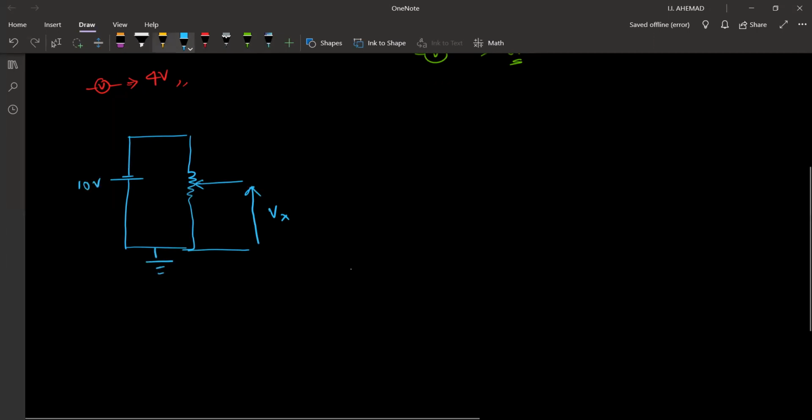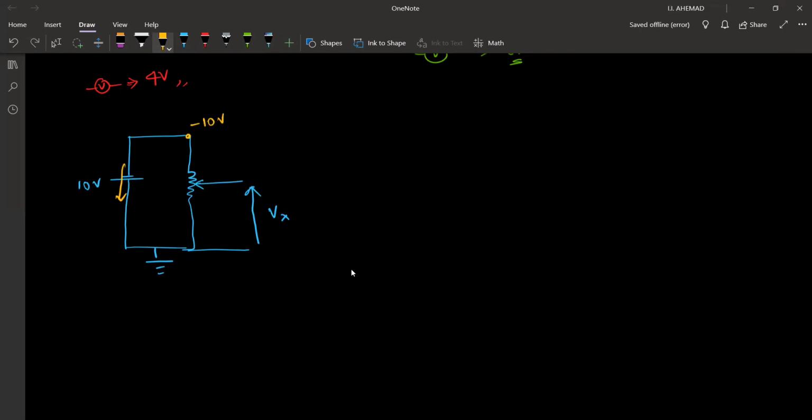Now, here, if this is earth and the potential will increase in this direction, if you move along this direction, you are going against the arrow. Therefore, here you have a drop. This is minus 10 volt.